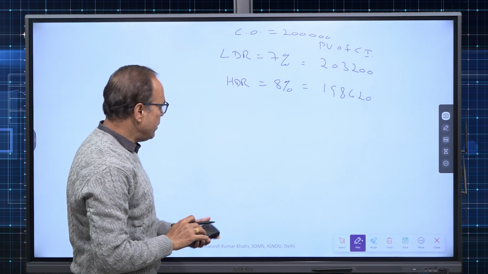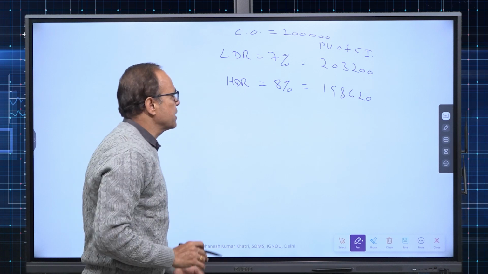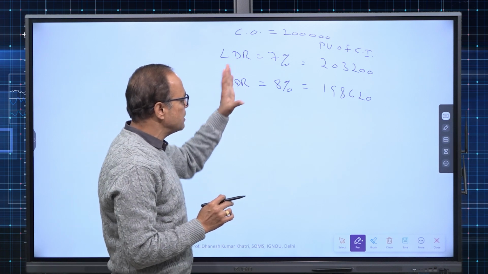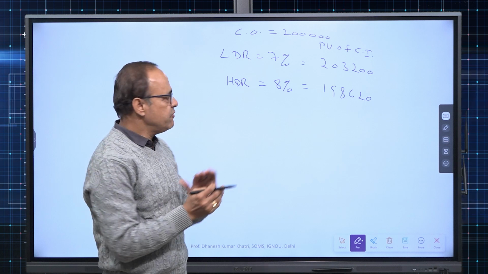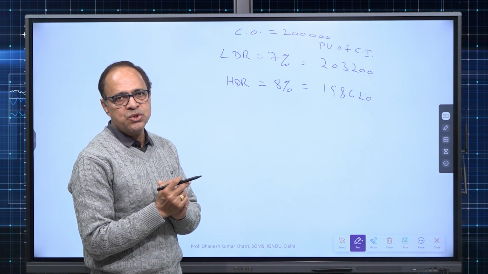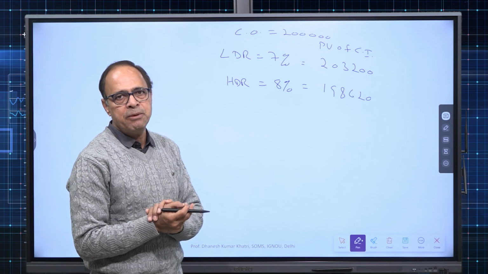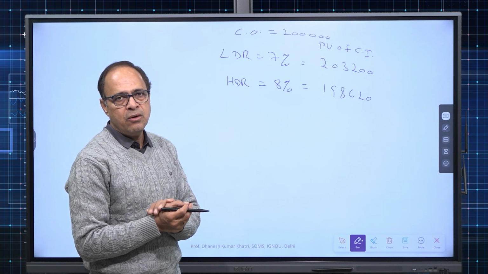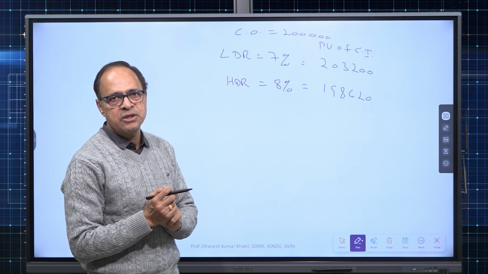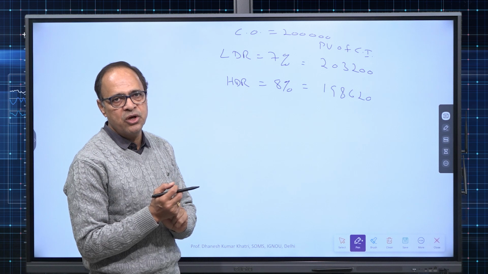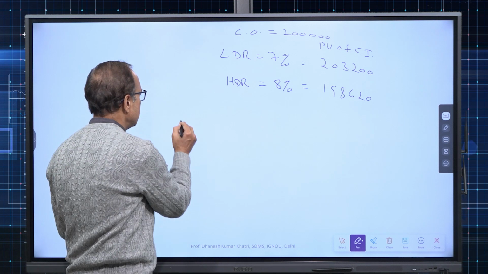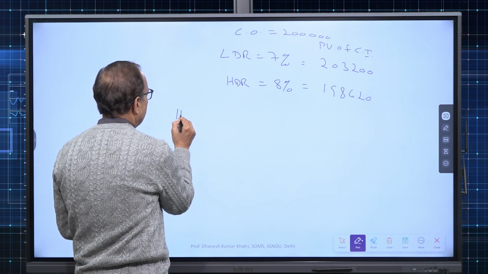Now, we have to simply make an interpretation that my IRR falls between 7 and 8%, because if I use any rate between these two, definitely I will reach the target of 2 lakh and NPV will be 0. Now, we can again apply the approximation formula with a little bit of modification. What is the approximation formula for IRR?